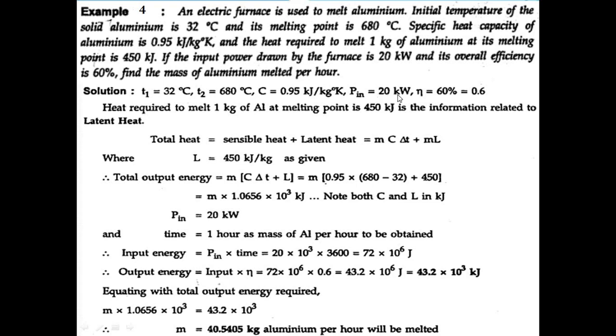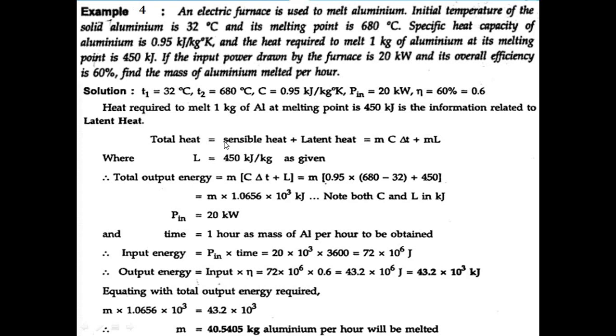So here the input power of the electric furnace is given as 20 kilowatt and efficiency is also given as 60%. Here one more thing is given, that is 450 kilojoules, the heat required to melt 1 kg of aluminium. Melting takes place means the heat produced is latent heat. So first what we have to find out?